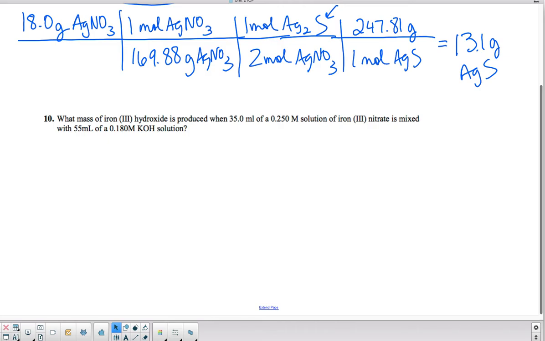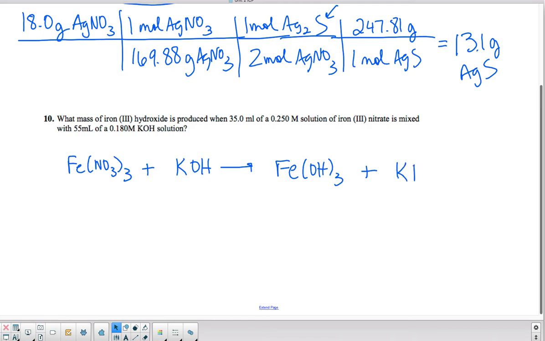All right, so we're mixing iron 3 nitrate, Fe(NO3)3, with KOH to make Fe(OH)3. And what is my other product? KNO3. So to balance this, we need a 3 there, and we need a 3 here.